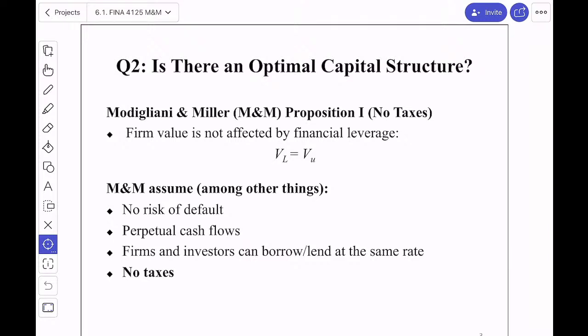And we also assume another strong assumption: firms and investors can borrow and lend at the same rate, which is not necessarily the case, right? And this is the strongest of all, and I put it in bold here. There are no taxes. How does this affect things? What's the deal with taxes?